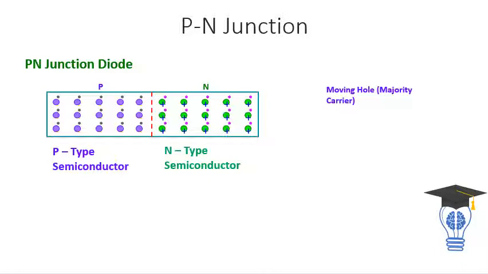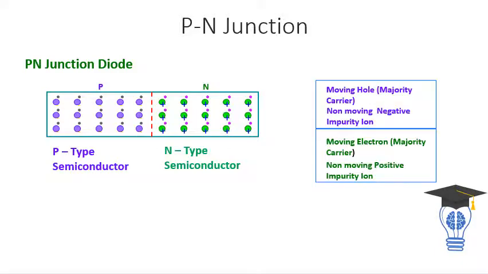So p-type materials are positively charged and n-type materials are negatively charged. P-type material contains holes as the majority carriers, and n-type material contains electrons as the majority carriers.